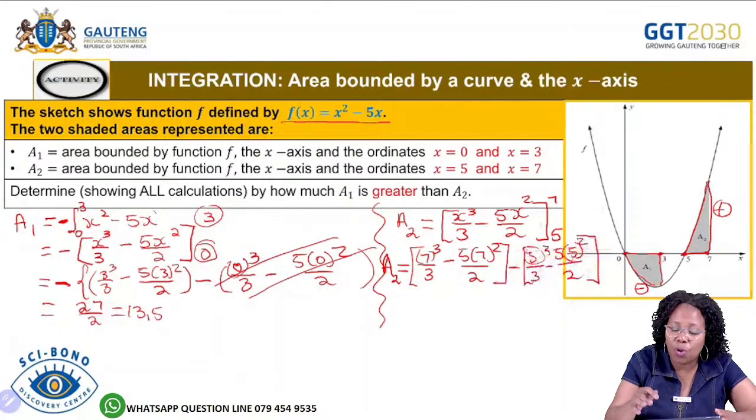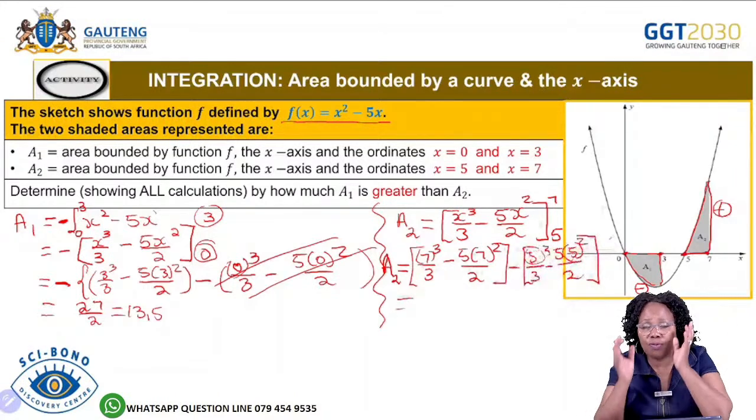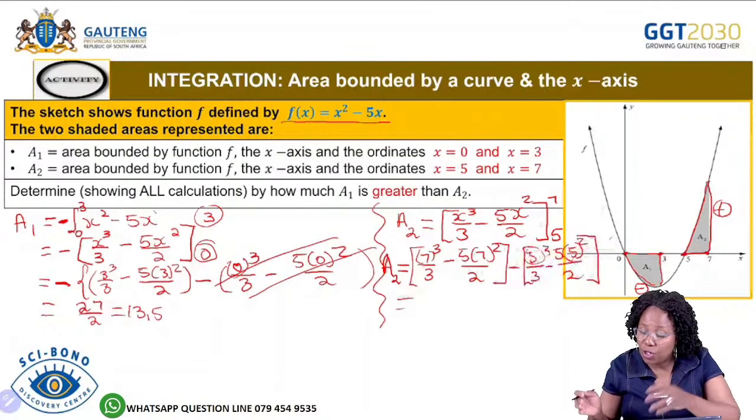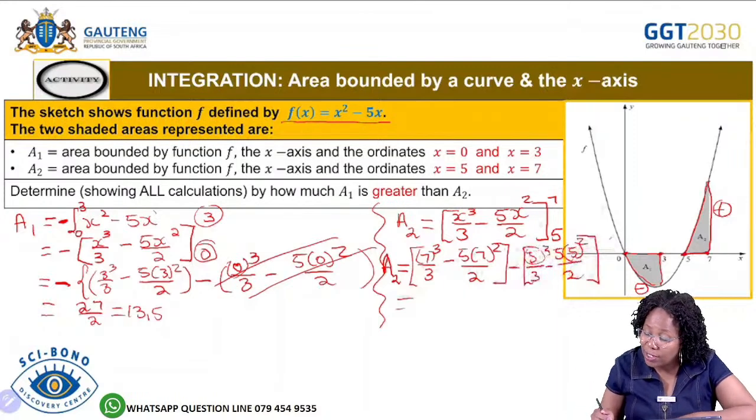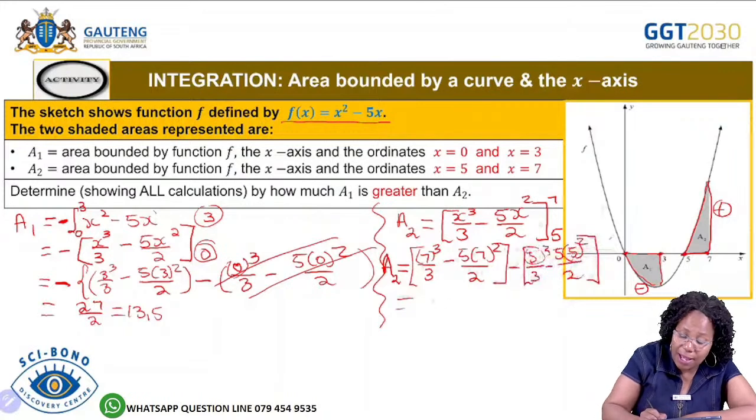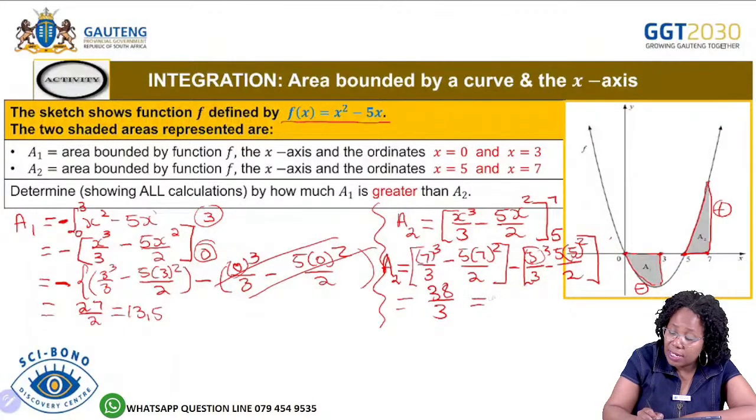You close the bracket. You don't write the ordinates anymore because you have substituted them. Then put everything into your calculator, grade 12. Do not do partial calculations. This will give us 12,65. In fraction form it is 38/3, and in decimal it will be 12,67.